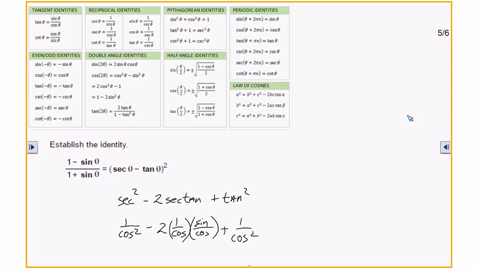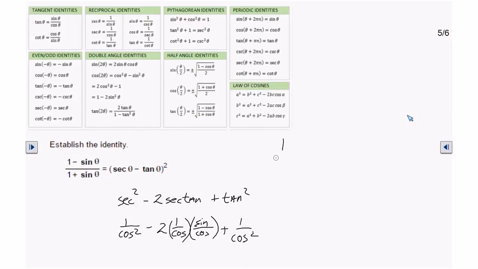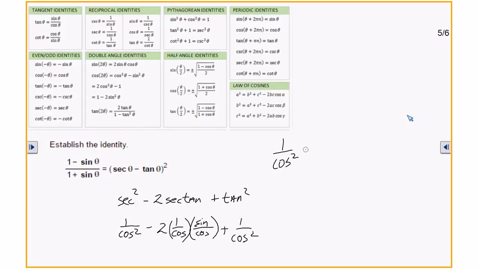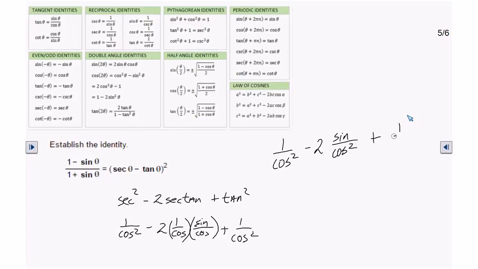So that's going to give us 1 over cosine squared minus 2 sine over what? Cosine squared. Oh my gosh. Plus 1 over what?